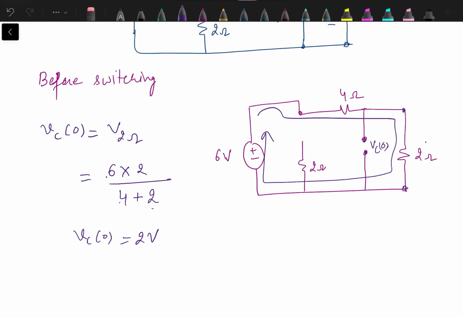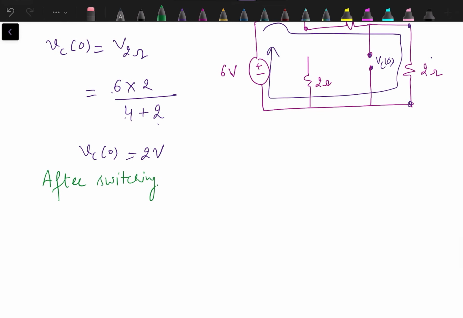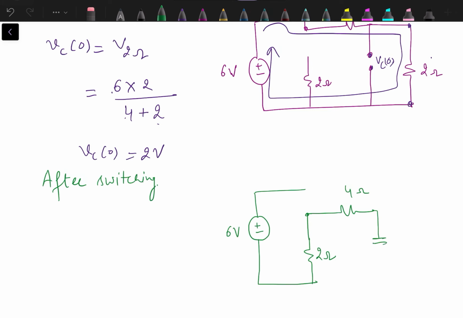Then the next step is after switching. After switching, the switch is now in position B. When it's in position B, 2 ohm resistance is there in the circuit, 4 ohm, capacitor, and then we have again 2 ohm resistance.